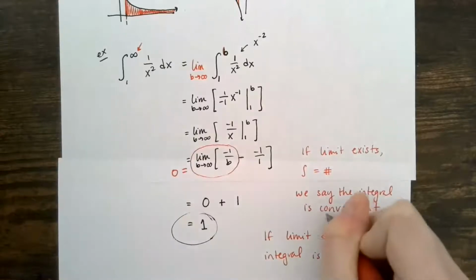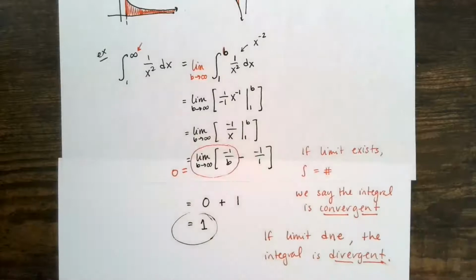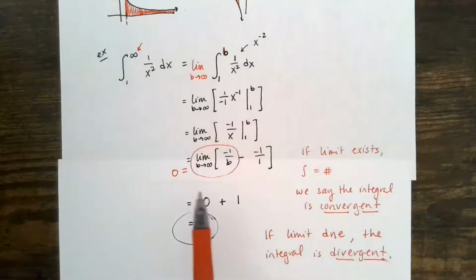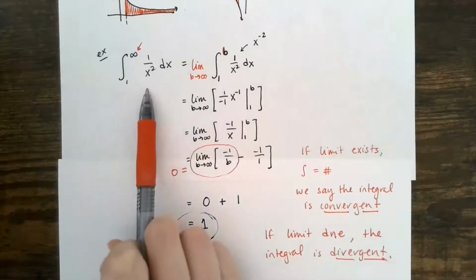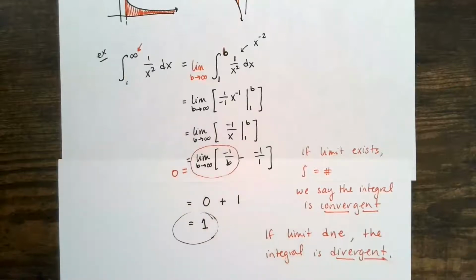So we're defining these 2 words right now. Divergent just means not convergent, it's the opposite. In that case, you're not going to arrive at a number at the end. If that limit doesn't exist, you stop right there and you say, okay, this integral is divergent, and that's your answer.